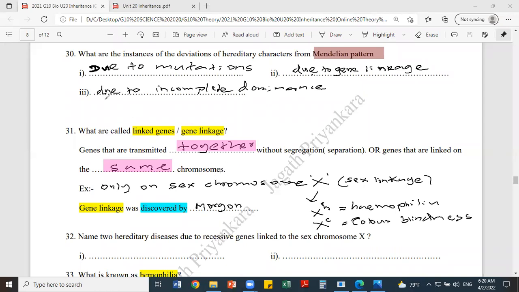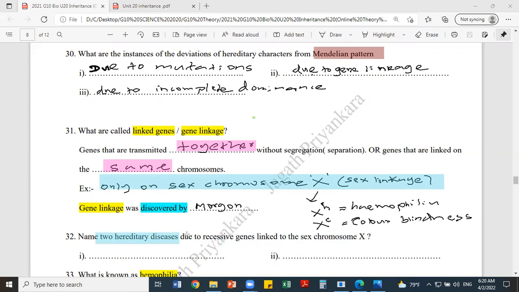Now we are going to discuss hereditary diseases due to this condition, that means only on the sex chromosome X, as I told. I'll highlight this: only on the sex chromosome X, that is called sex linkage. So there are two hereditary diseases, or inherited disorders, due to the recessive gene linked on the sex chromosome X. What is the recessive gene?